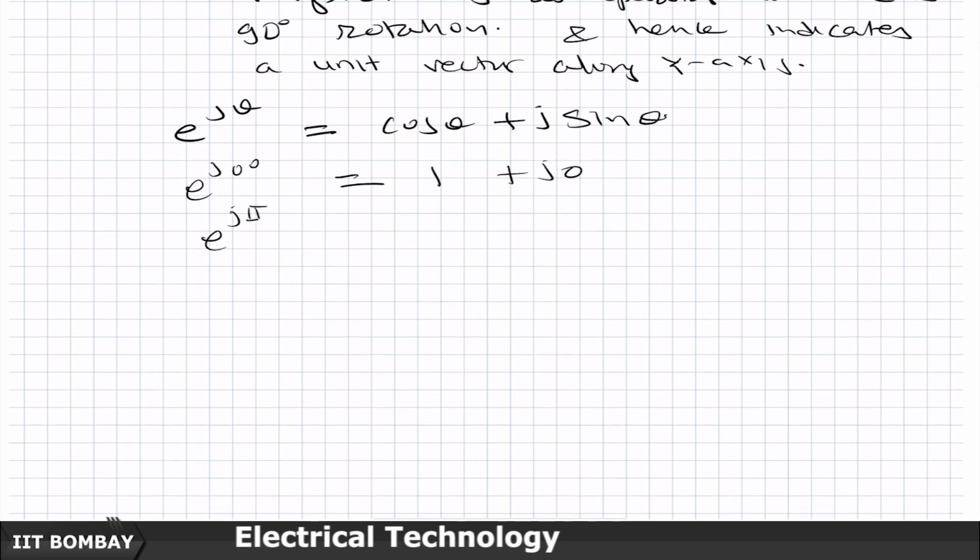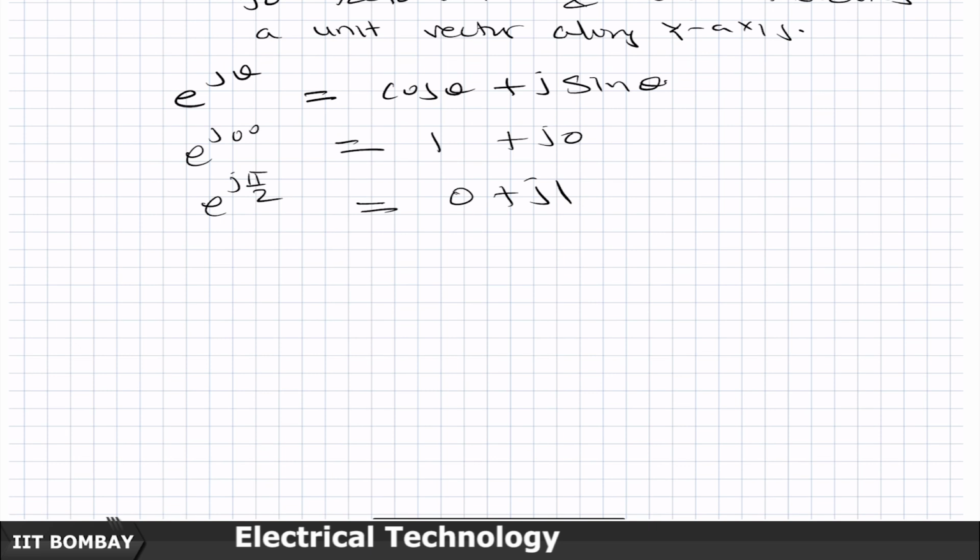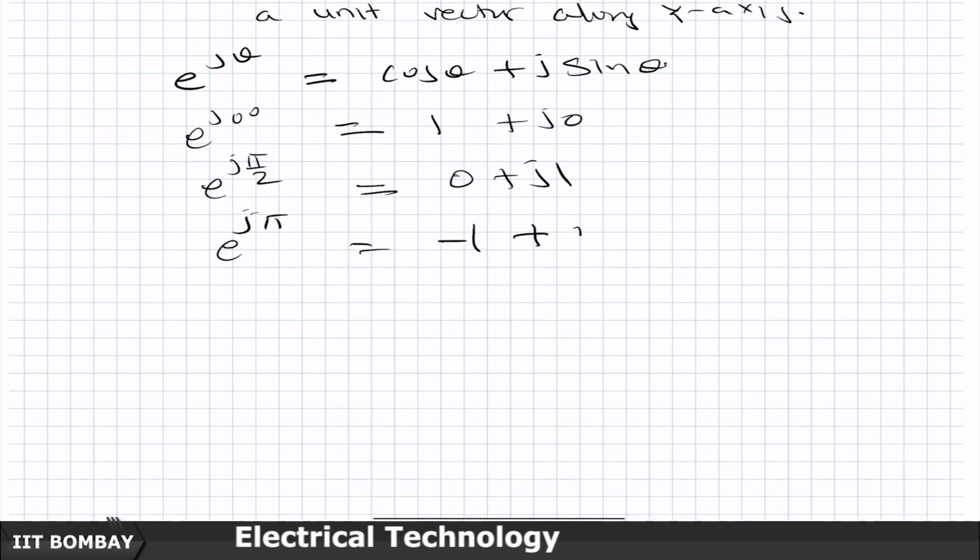Let us put an angle of 90 degrees. Then what does this say? Cos of 90 degrees is 0, plus j times 1. And if you put it as pi, if you put it as e to the power j pi, then it becomes cos of pi, which is minus 1, plus j sin of pi, which is 0.